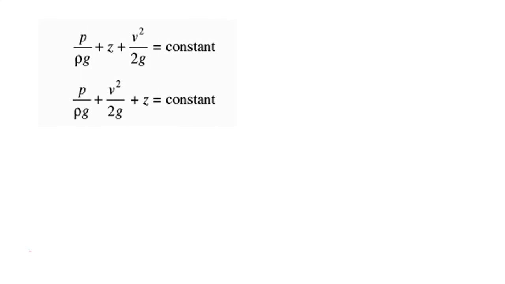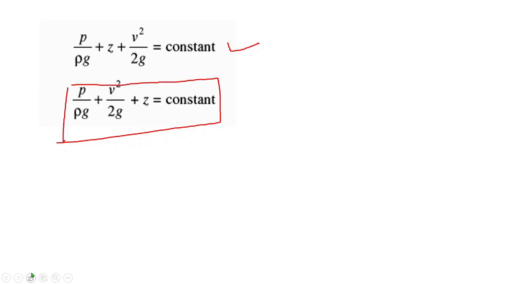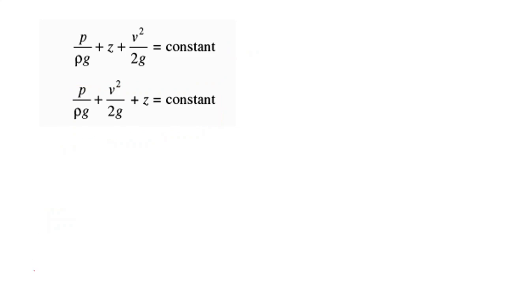Now by rearranging the terms and dividing by g, we can write p by rho g plus z plus v square by 2g is equal to constant. So we can write p by rho g plus v square by 2g plus z is equal to constant.